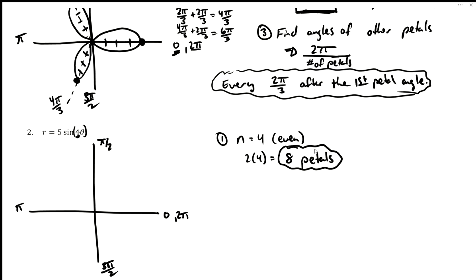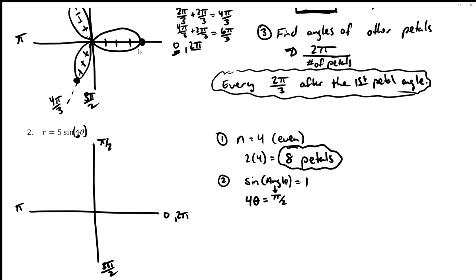This one's going to take a little bit more drawing of petals. Step 2, let's maximize the trig function. Remember, sine of some angle should equal 1. The angle they're talking about is pi halves, but in our scenario it's 4 theta. So 4 theta equals pi halves.